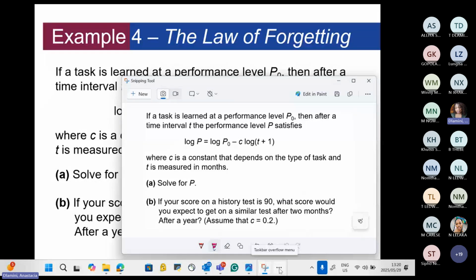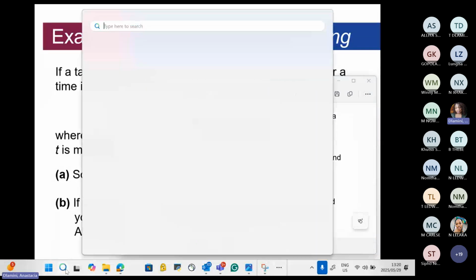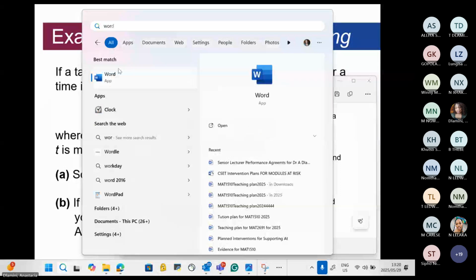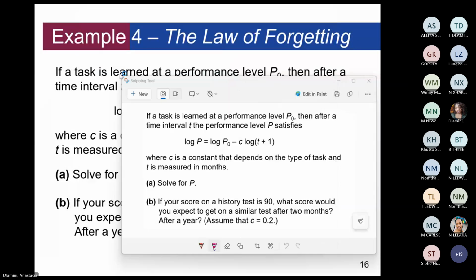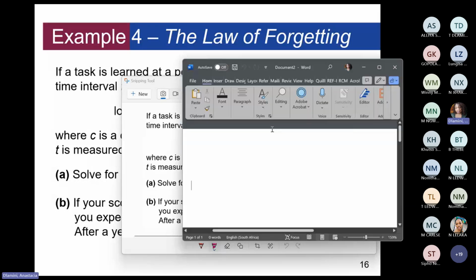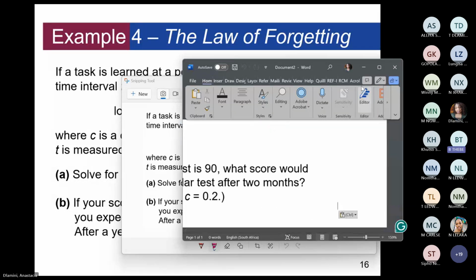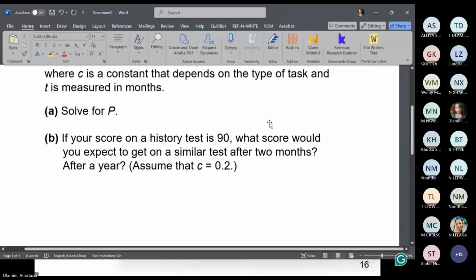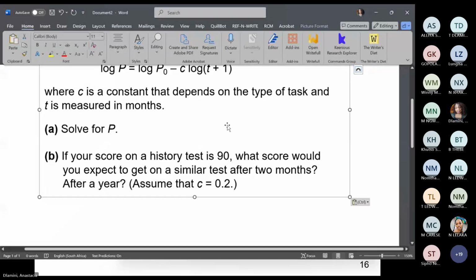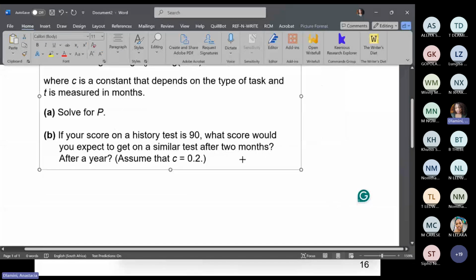It has to be 1 or 2 or 3 word problems in the exam. How do we solve for P? We try and isolate it. Okay. How do we isolate it? That's a good start. How do we isolate it?